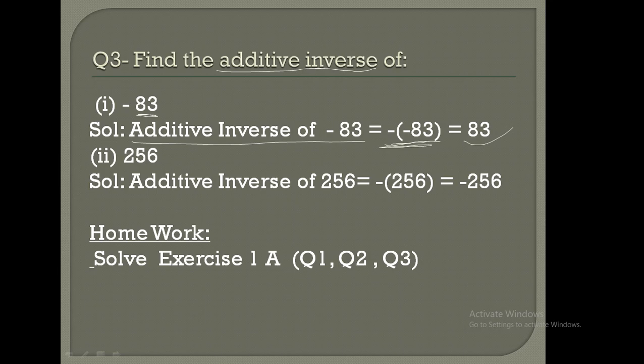Minus minus will become plus. Now additive inverse of 256 equals minus sign we have to put outside of the bracket, and after that we can open the bracket, the answer will be minus 256.